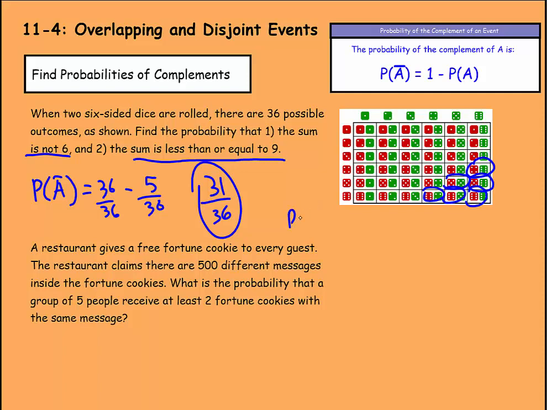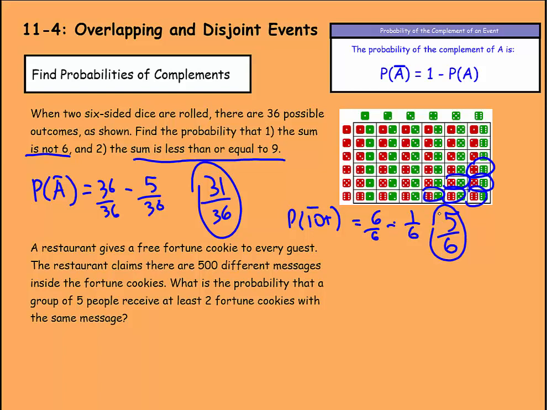So the complement of getting 10 or over is 1 minus 1/6. So 1 would turn into 6 over 6 minus 1/6. So that gives us a 5 out of 6 probability that you're going to roll a 9 or lower.